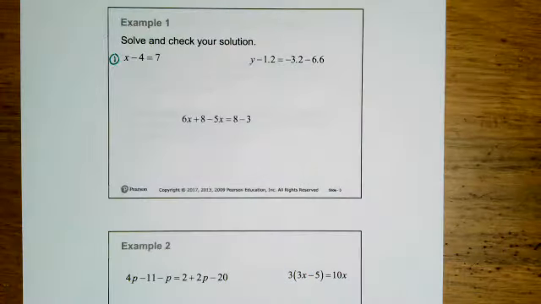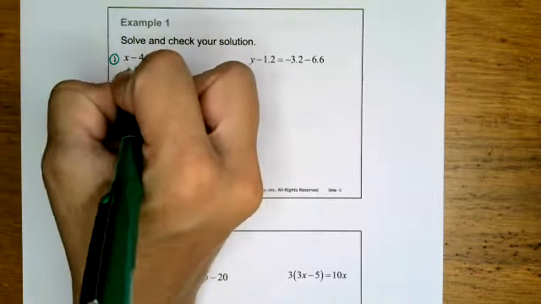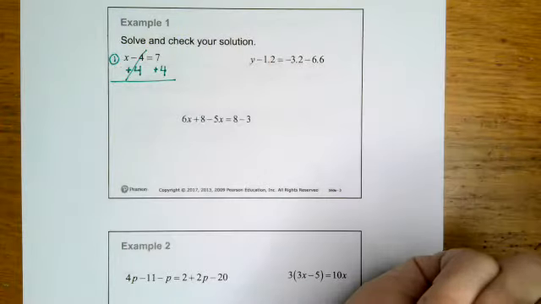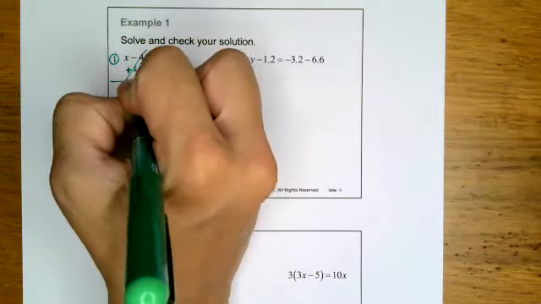What is a number I can subtract 4 from to get a 7? Or what undoes a negative 4? I can add 4. Negative 4 plus 4, they cancel out. All right, so I'm just left with an x on this side.